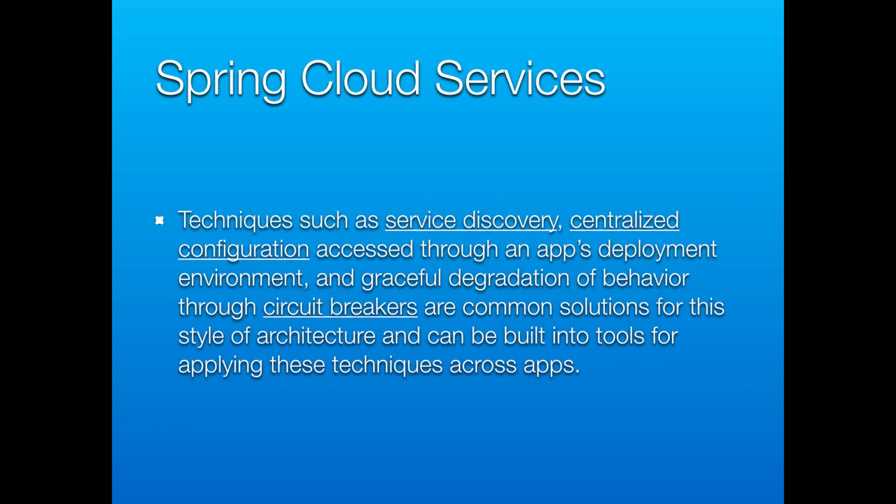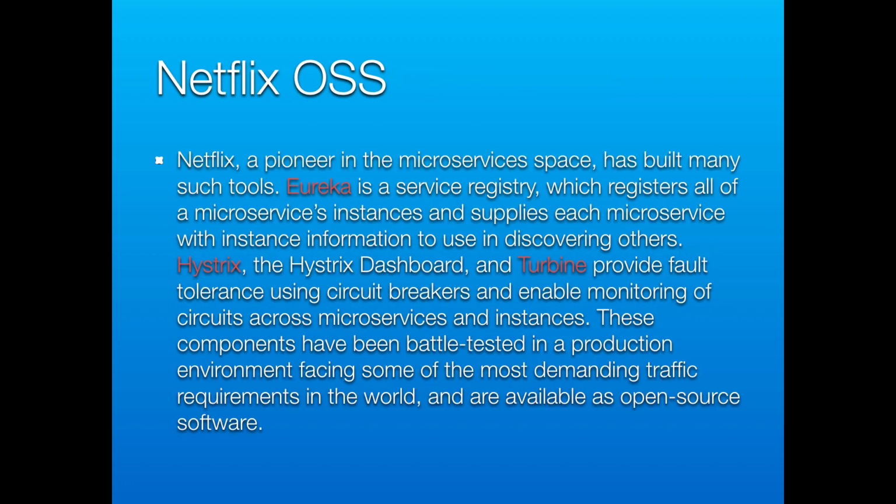So the roots of Spring Cloud Services can really be found in an open source framework developed by Netflix called Netflix OSS. So Netflix, as we know, is one of the largest, most complex cloud-based enterprise applications that exist in this entire world. You can imagine the level of complexity that Netflix has. Everything is in the cloud.